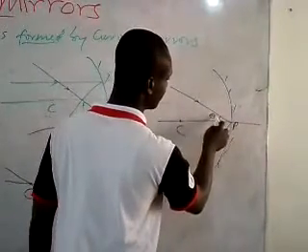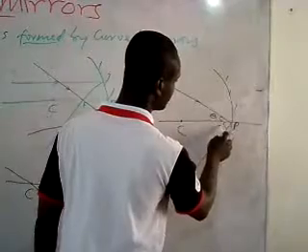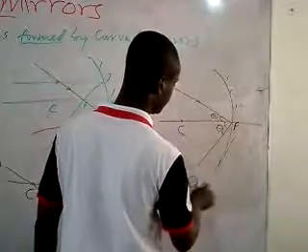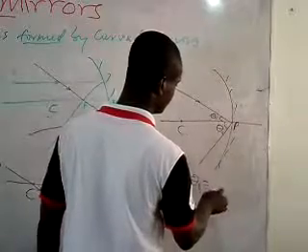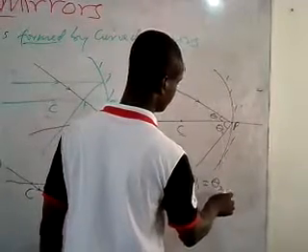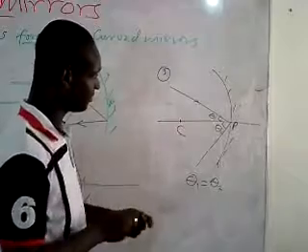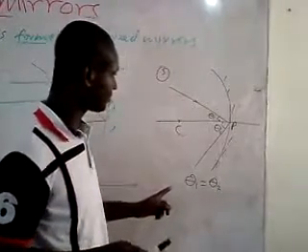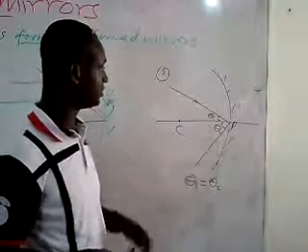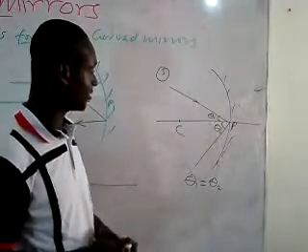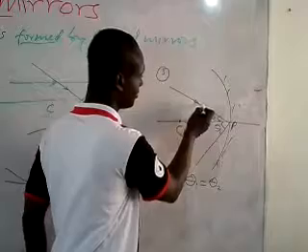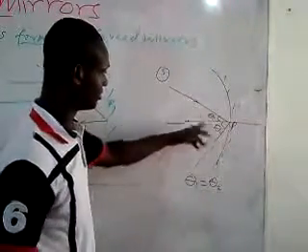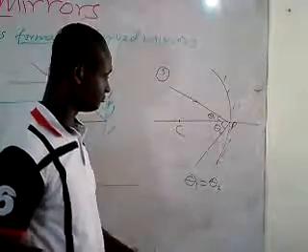So if here is theta 1, then theta 2 here will be the same. That is, theta 1 will be equal to theta 2. If this is the incident ray, then for the reflected ray, the angle theta 1 will be equal to theta 2.